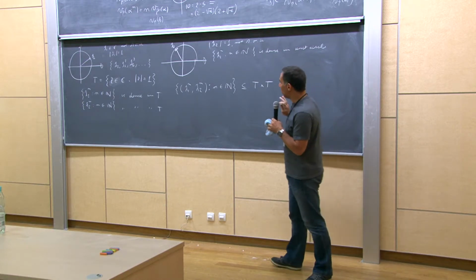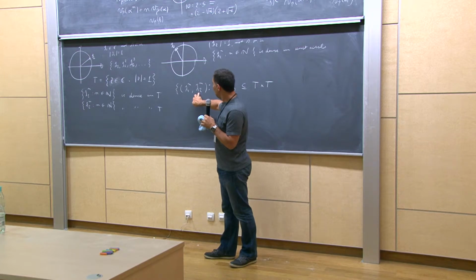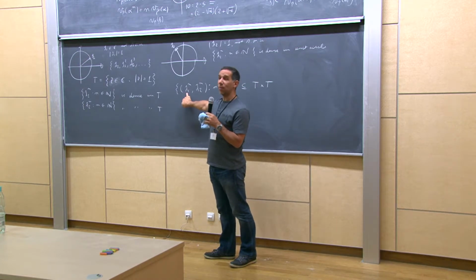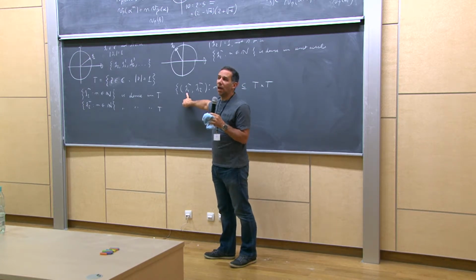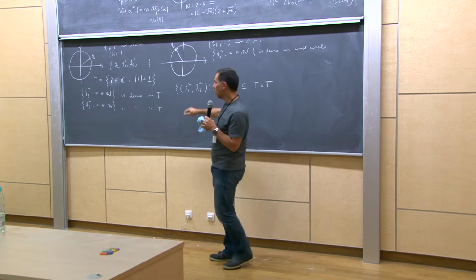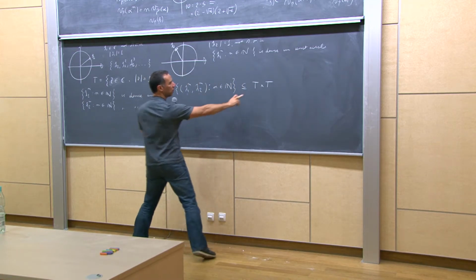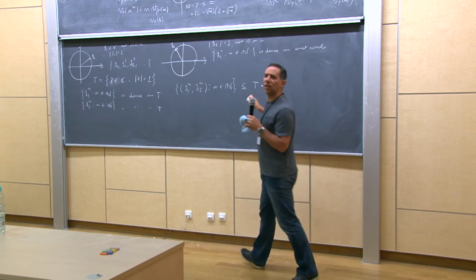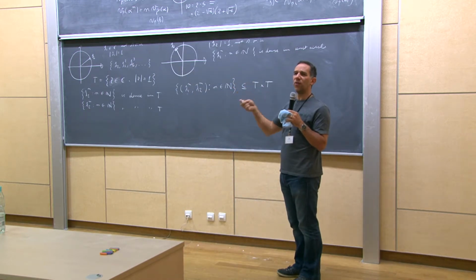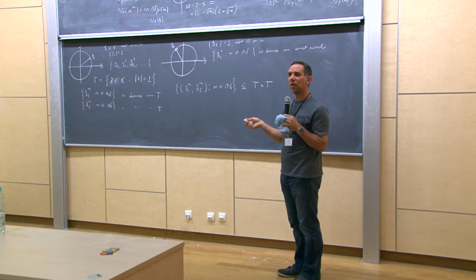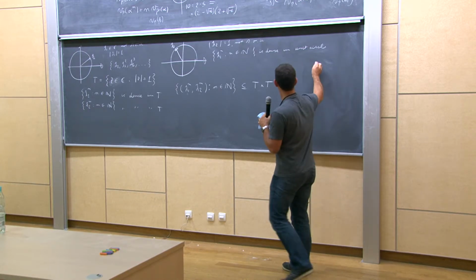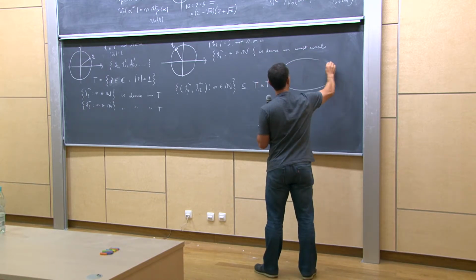Obviously not always, because in particular, if lambda 2 is equal to lambda 1, then it's obvious that whatever this one is determines that one and so on. But more generally, if there exists algebraic... so first of all, how would you represent T cross T? What would be a good representation of T cross T if you're drawing something? It's a torus, right? It's the two-dimensional torus, so it'd be something like this.